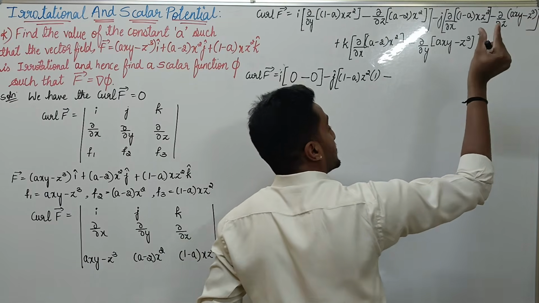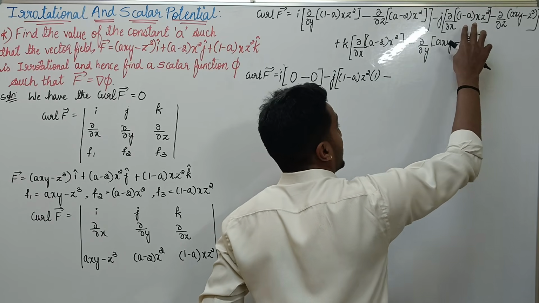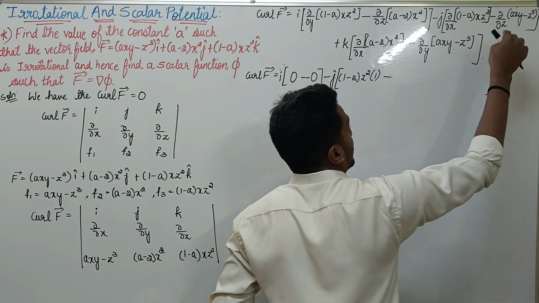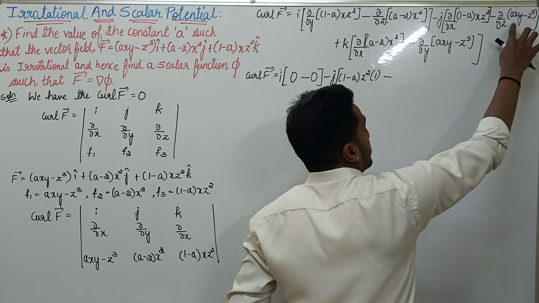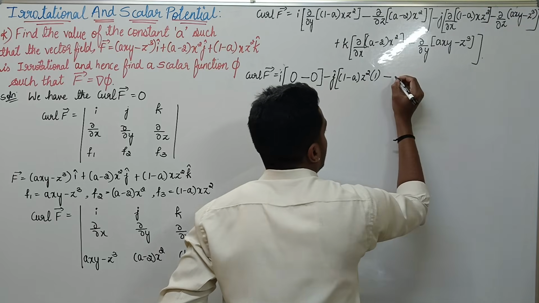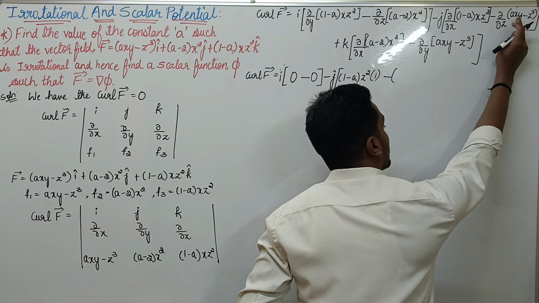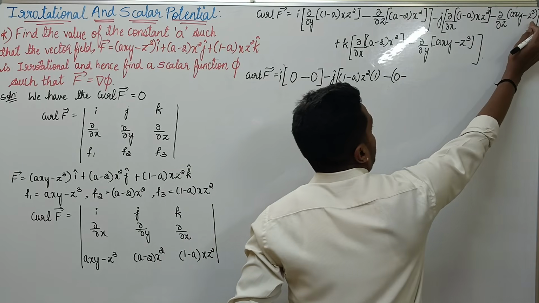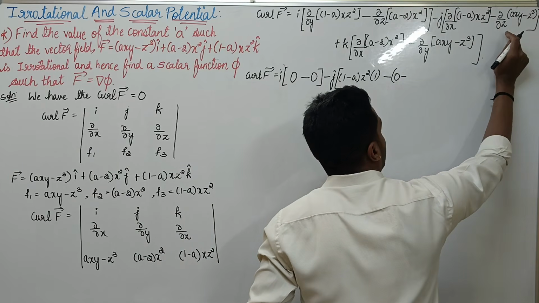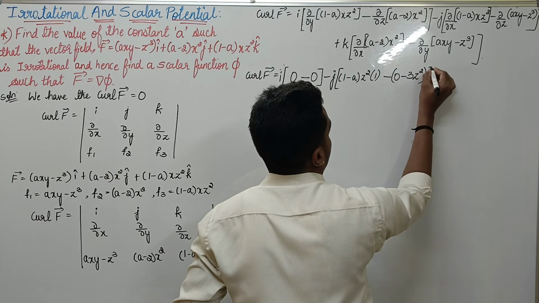So I am going to differentiate term by term. If you have multiplication, you can directly differentiate when it has constant terms. If it is separated by a sign, we differentiate term by term. In the first term, axy, we don't have z, so this term becomes 0. Minus, we have z cube. I can differentiate z cube with respect to z, that is 3z square.